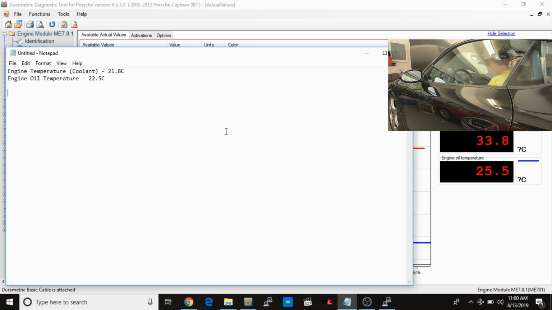But coolant's always going to warm up fastest. So that's a nice little double check there that we're seeing engine temperature heat up faster.